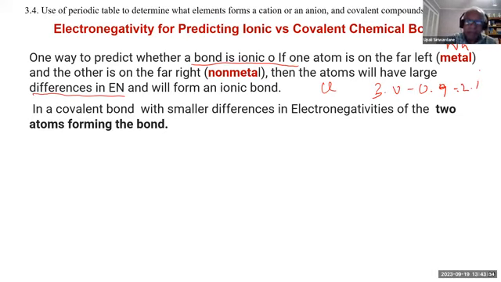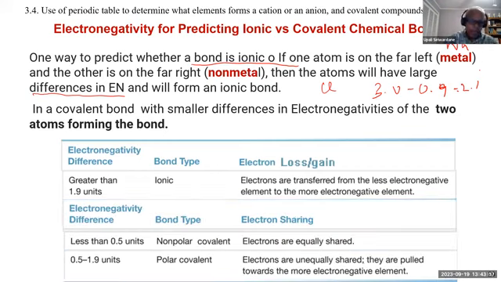So there are exact values. If that difference is greater than 1.9, that's an ionic bond. They lose or gain electrons.